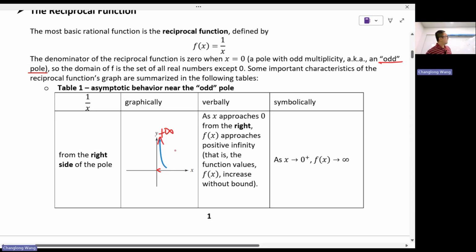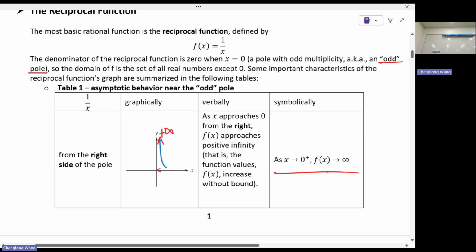Graphically, that's what's going on with the graph of 1 over x, but symbolically, that's how we say or write it. So we're going to use something like the arrow notation. And the arrow means that x is getting closer and closer, or we say x approaches 0, but with a superscript plus.